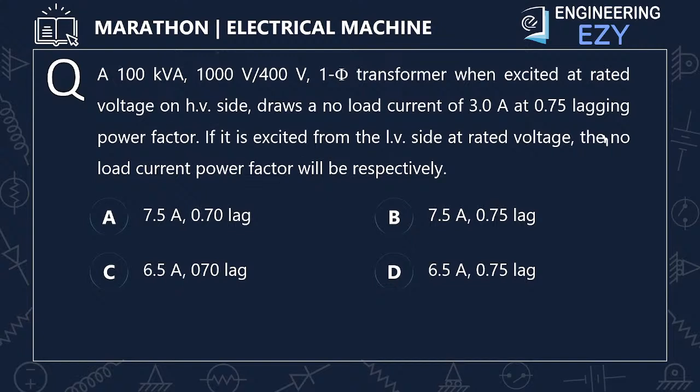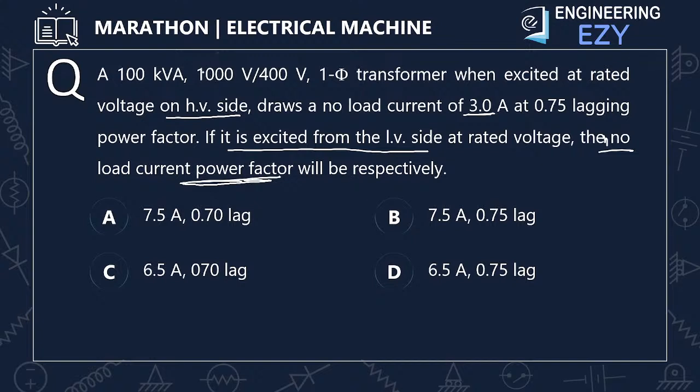So if it is excited by high voltage side, no load current is 3 ampere. Means you have to calculate the no load current when excited from low voltage side, and what is the no load power factor in the second case.